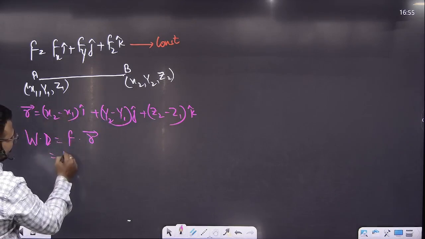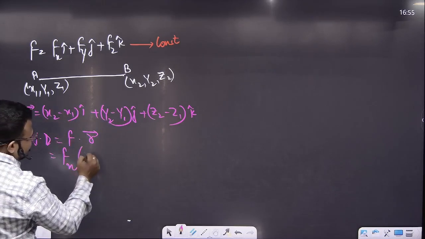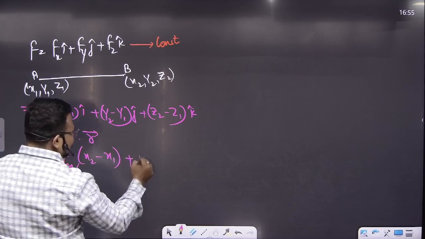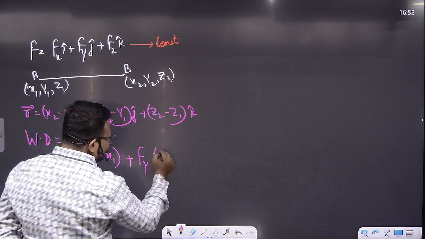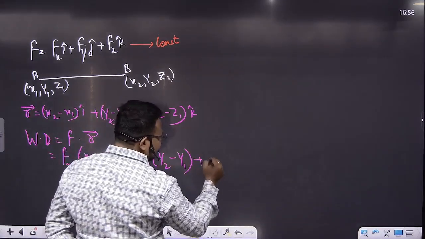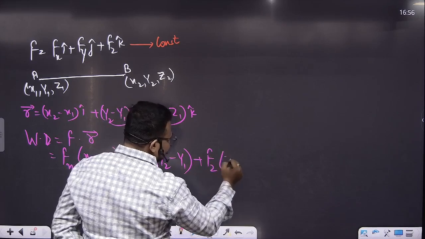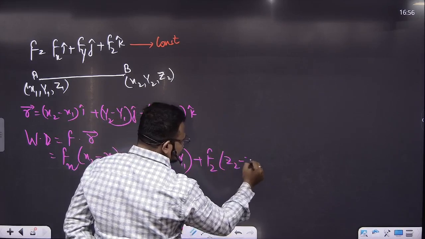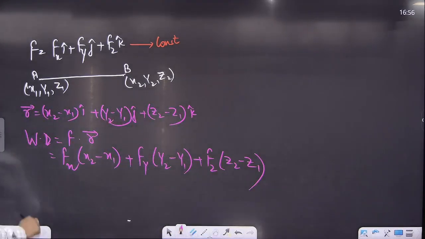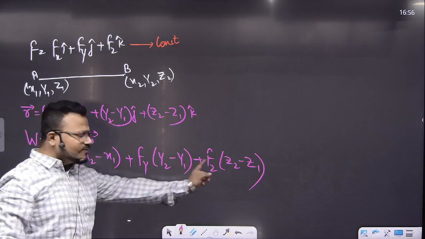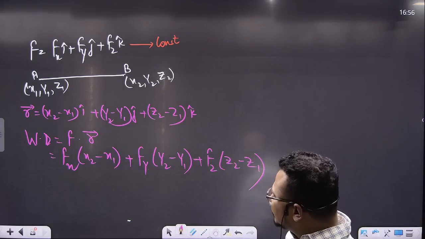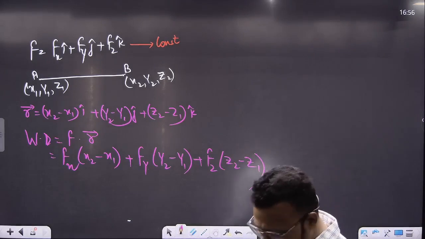So we can write directly: Fx (x2 minus x1) plus Fy (y2 minus y1) plus Fz (z2 minus z1). If we have the force and the position vector, we can directly apply this formula. So the work done we can write like this.